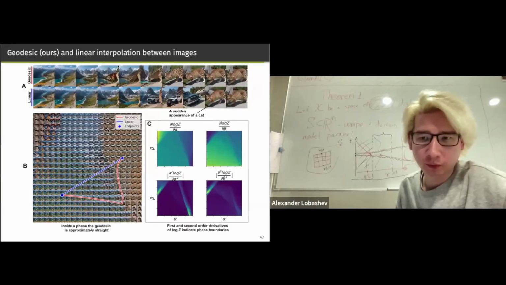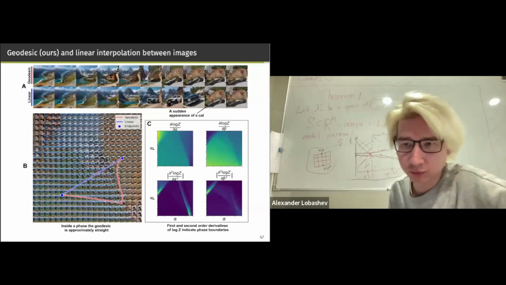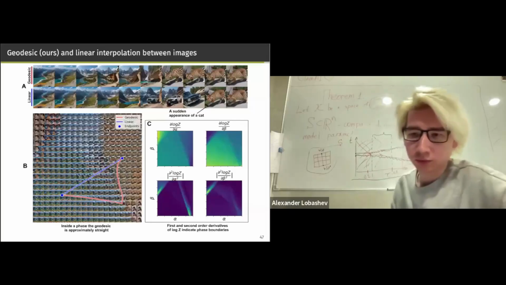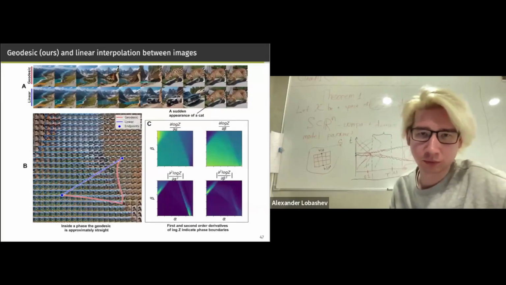Actually, here you see on the slide, with this linear geodesic we got almost exactly the same result, and we were very confused. I mean, not confused, but it really reinforced the fact that maybe you shouldn't use linear interpolation if you want to keep the same semantic content when you interpolate between images. And Alexander, you just gave this super nice intuition about why this happens, and we were absolutely clueless about this.